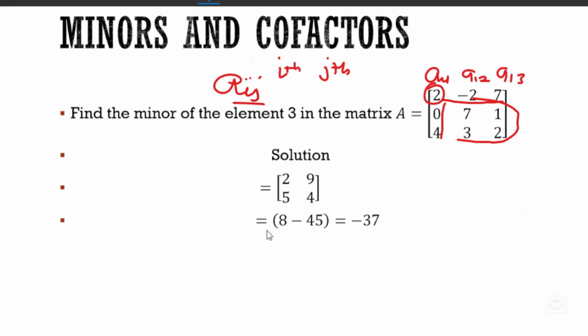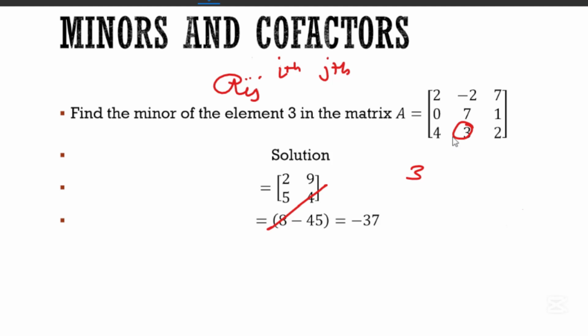I think this one is an error here, so let me cross it out. In this question, we are to find the minor of the element 3 in the matrix. So 3 here is the element under consideration. We delete all elements in the row of 3 and in the column of 3.